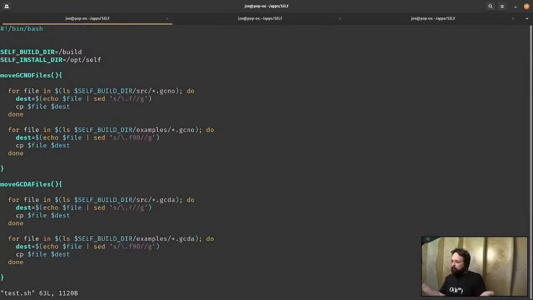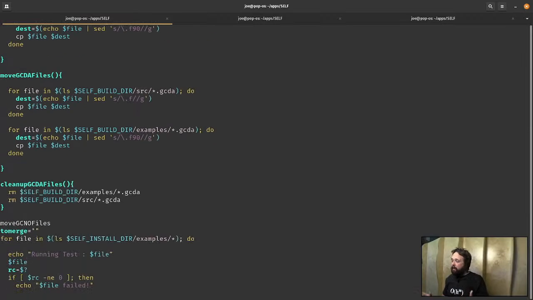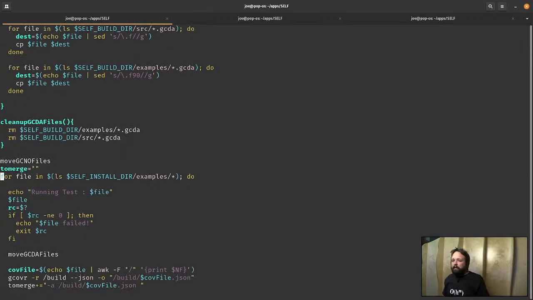So this is just kind of like a wrapper script that handles, one, finding all the binaries that are created from the example programs. So it loops over the files in the examples directory from the install, and it runs the test. After it runs that file, it checks for an exit code. If the exit code is not 0, it's just going to go ahead and kill the whole build process.